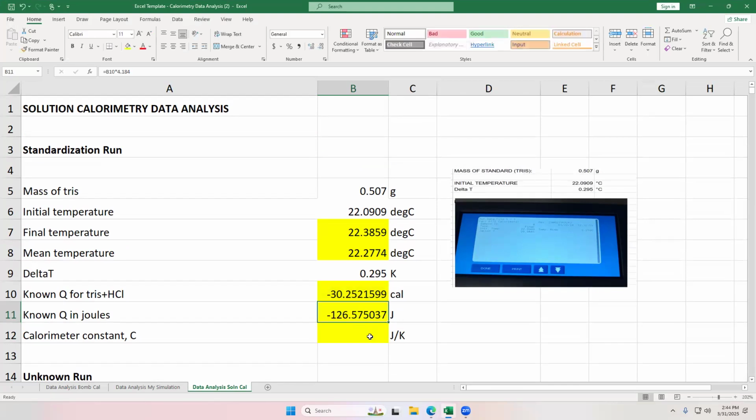So the calorimeter constant is equal to minus Q divided by delta T, which is this one right here. So 429 joules per Kelvin.